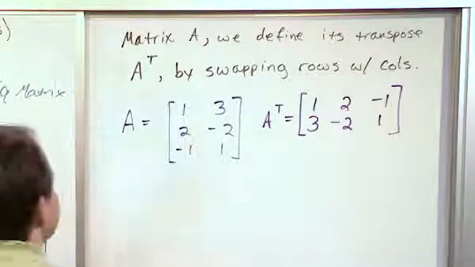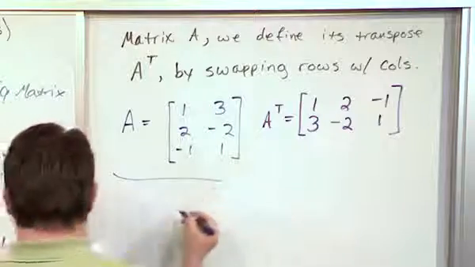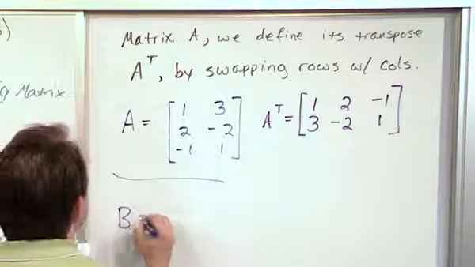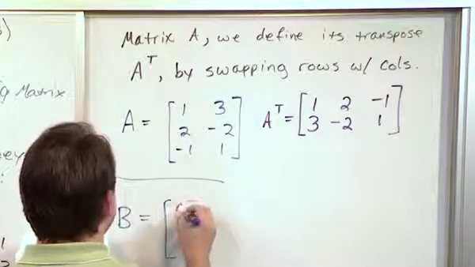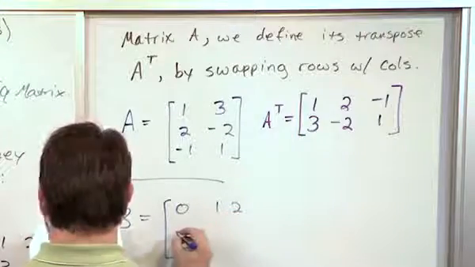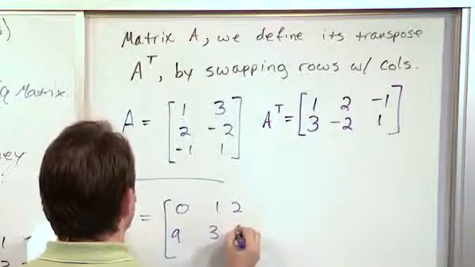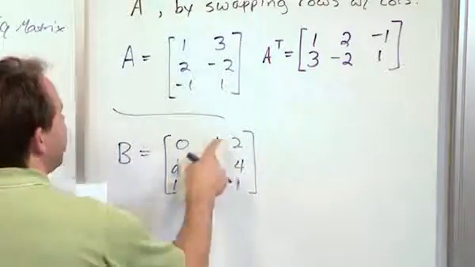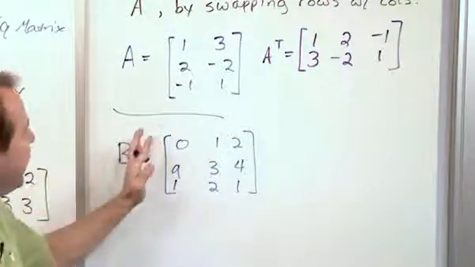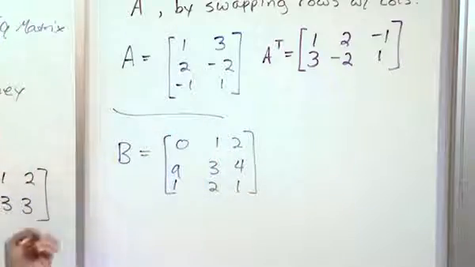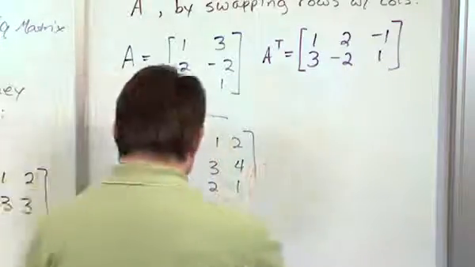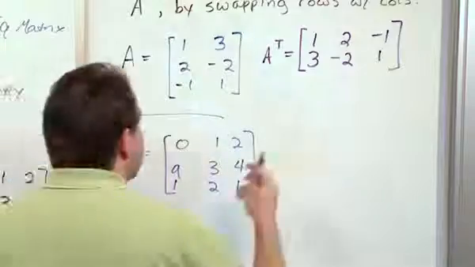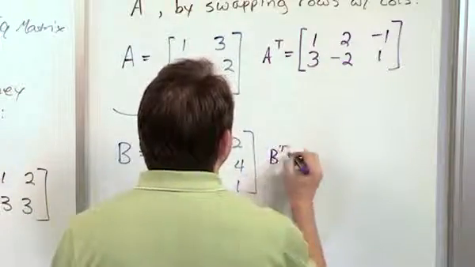So let's take a look at another example of that. Let's look at matrix B, which in this case is 0, 1, 2, 9, 3, 4, 1, 2, 1. Now this is a square matrix. It's 3 by 3, 3 rows, 3 columns. So we can derive from this the matrix that we call B transpose.